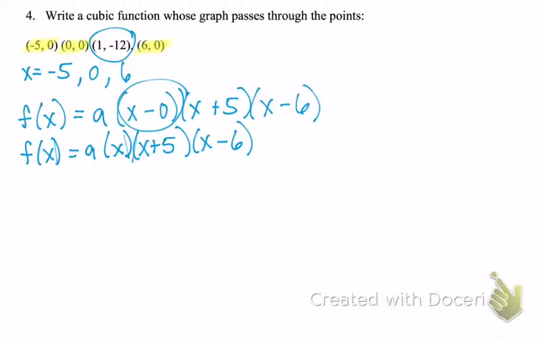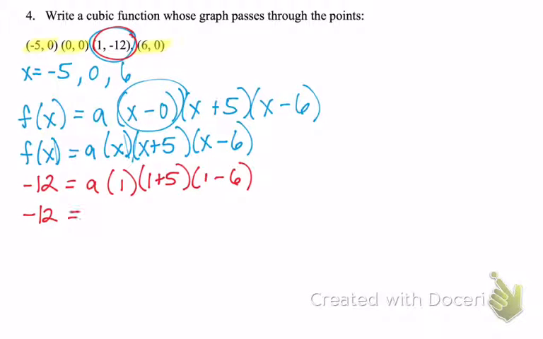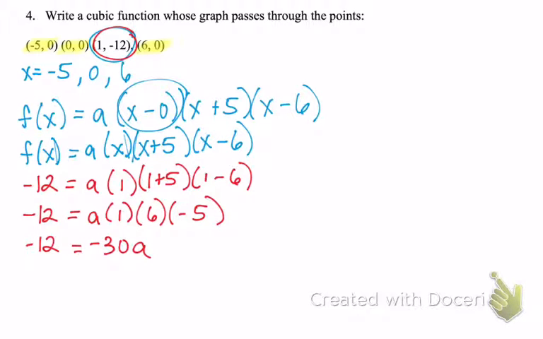Then I'm going to use the ordered pair that they give me, which is (1, -12). So -12 equals a(1)(1 plus 5)(1 minus 6). -12 equals a times 1 times 6 times -5. -12 equals -30a.